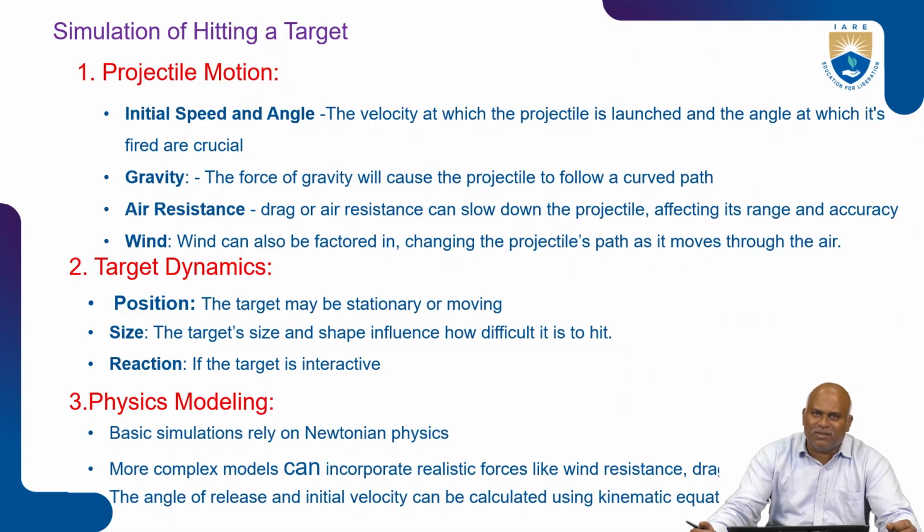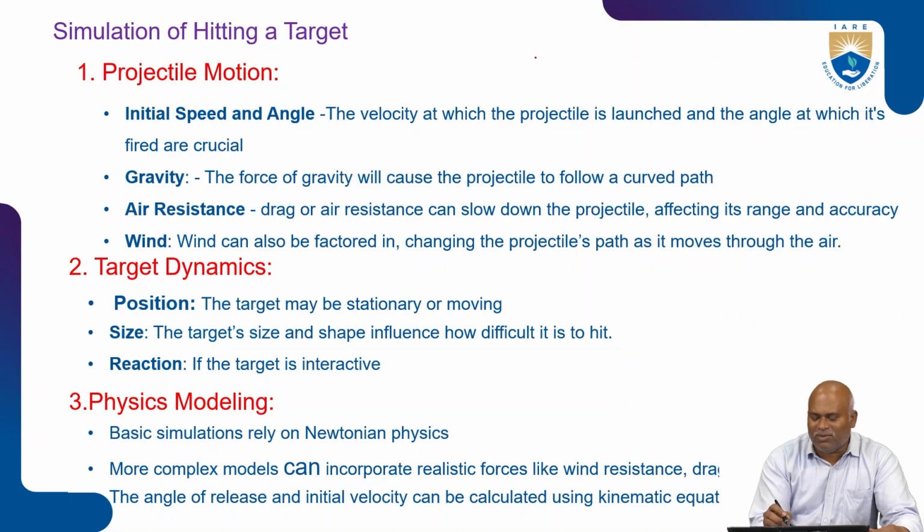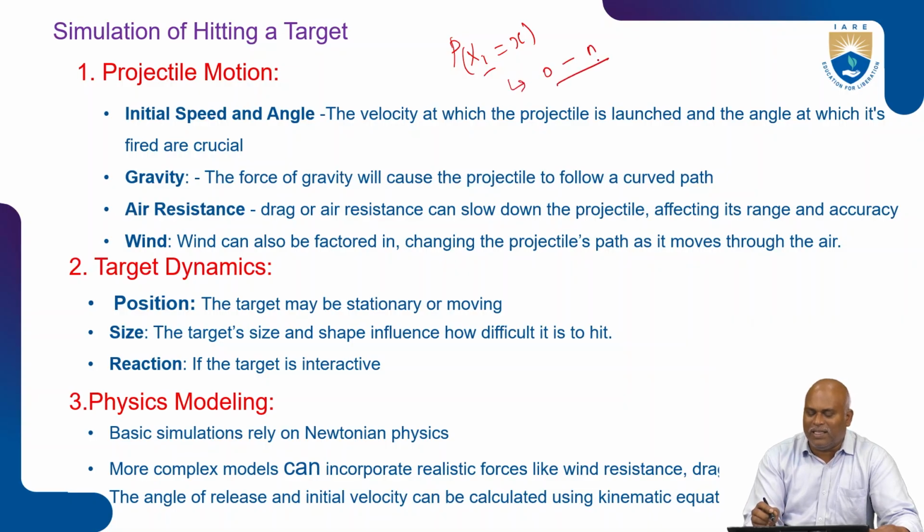The first step is projectile motion. This represents how the targets move in a discrete manner. For example, take the probability P of x of i equal to x, where i ranges from 0 to n. Out of these n, we go for only some probabilities, maybe x3, x4.